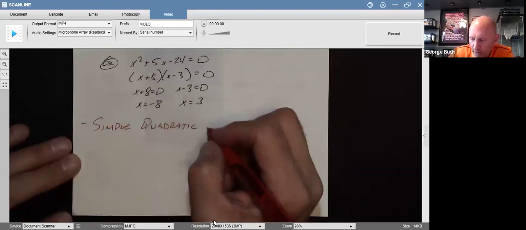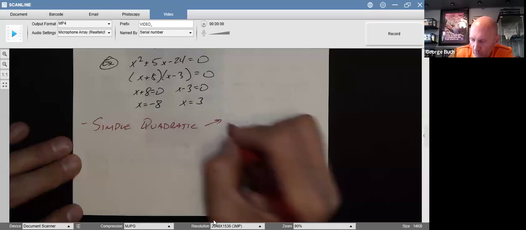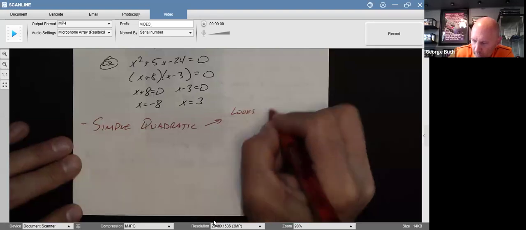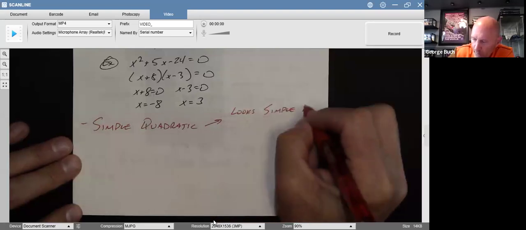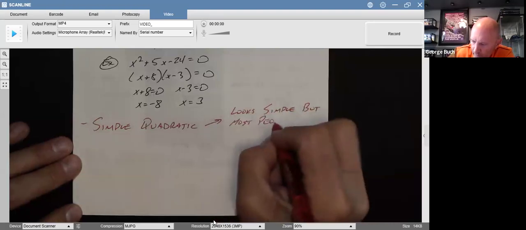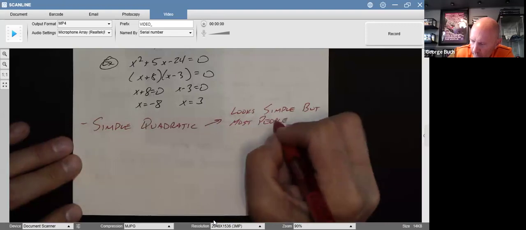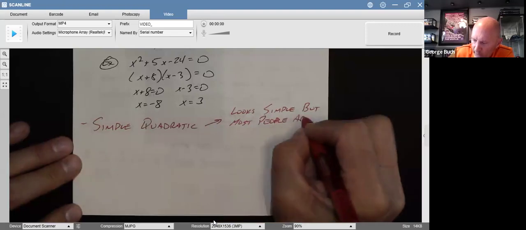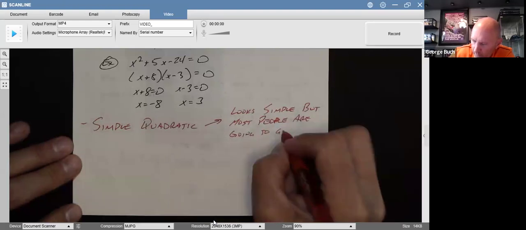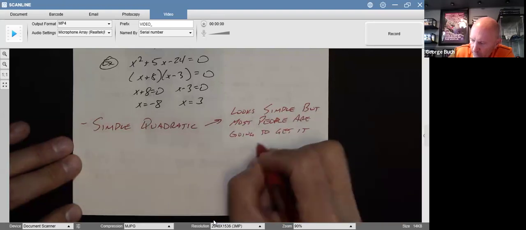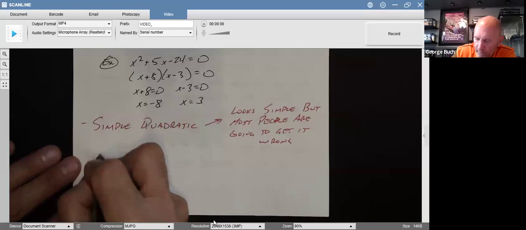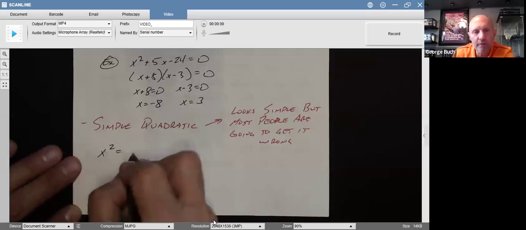I would rather call it looks simple, but most people are going to get it wrong. And the reason is as follows. What a simple quadratic is, is something that looks like this.